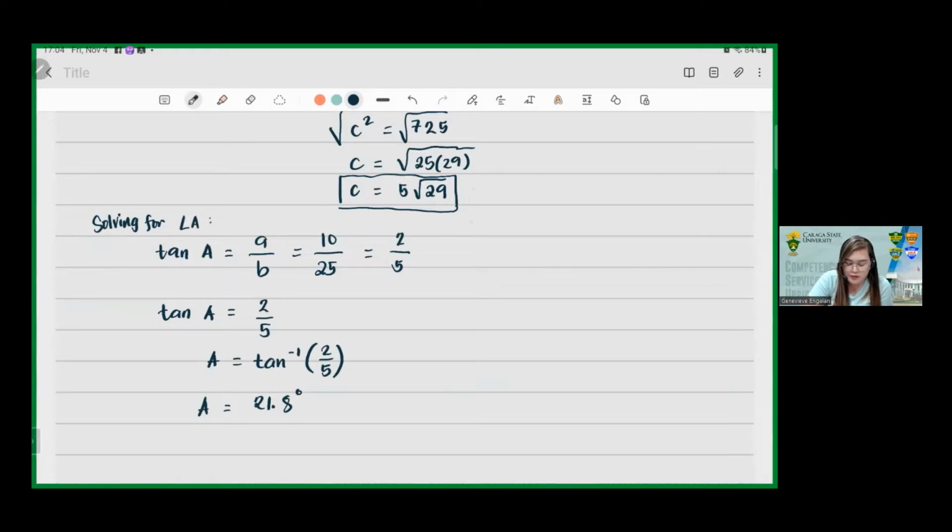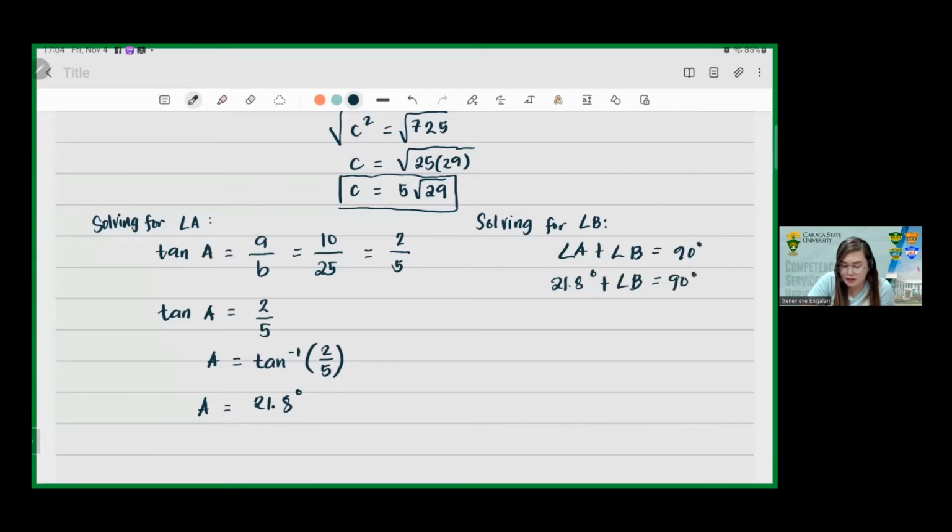Okay, solving for B. How will we solve for B? Remember that angles B and A are complementary, right? So angle A plus angle B is equal to 90. Since angle A is 21.8 degrees, plus angle B is equal to 90.